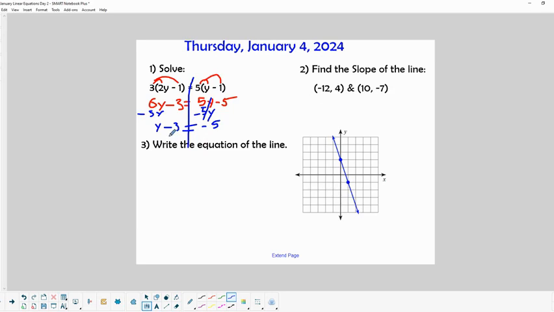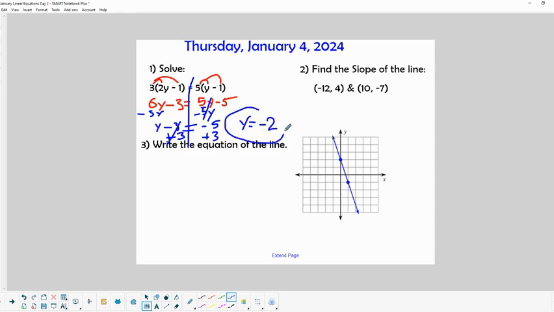So to finish this off, we just have to add 3 to both sides. Running out of room a little bit. But on the left side, we'll have y. On the right side, negative 5 plus 3 would be negative 2.